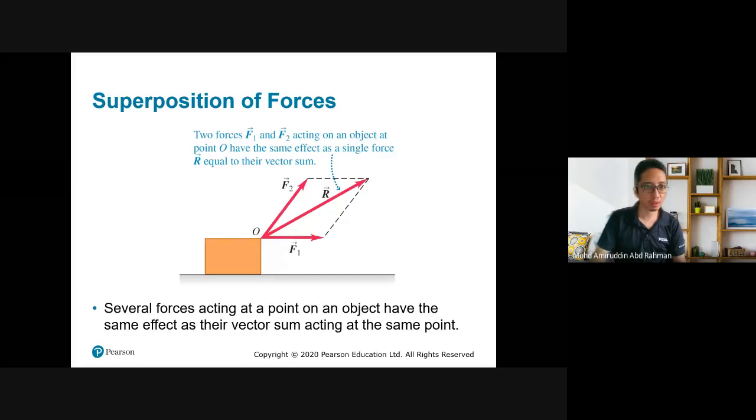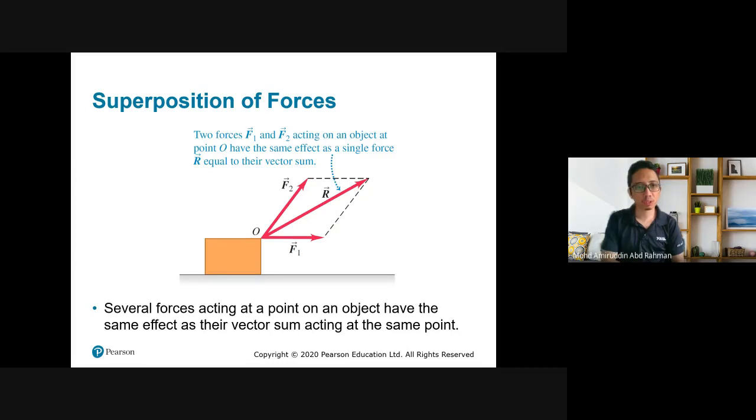Now let's talk about the superposition of forces. Let's say we have multiple forces and we combine them together. That is a superposition of forces. Let's say we have F1 and F2 as two forces acting on an object at point O, and we want a single force.